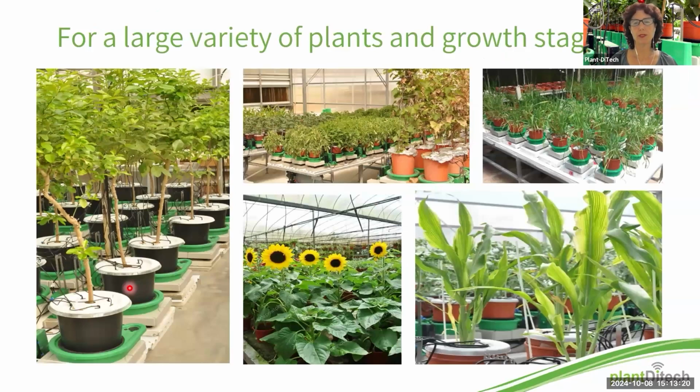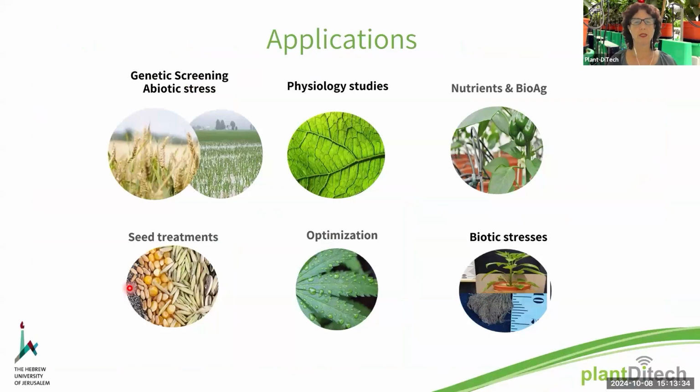The system can work with a large variety of plants, from Arabidopsis through vegetable crops, field crops, and even trees, as you can see here. And there are different applications that are useful to do on the system. It's genetic screening, photosynthetic stress, you can change drought.